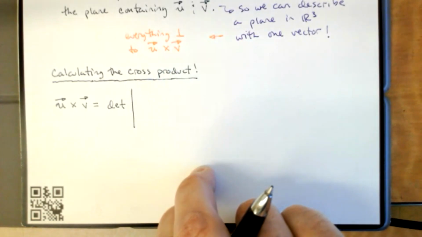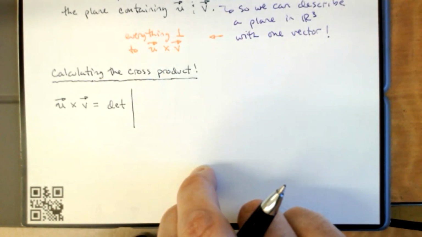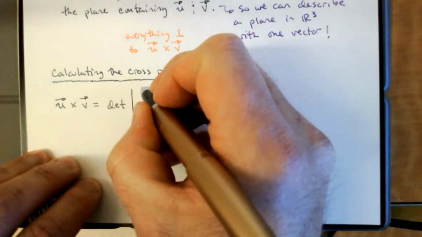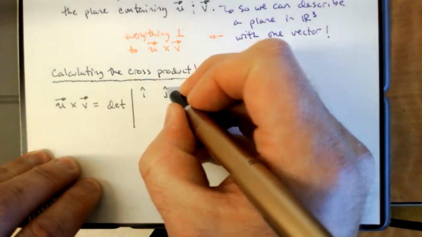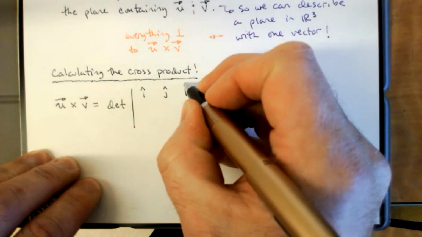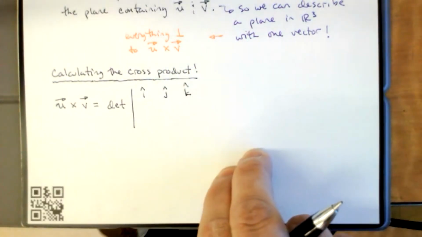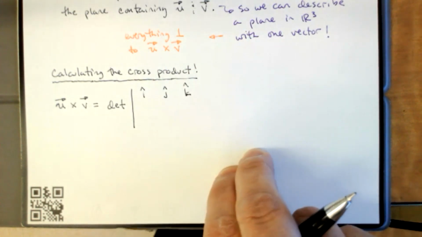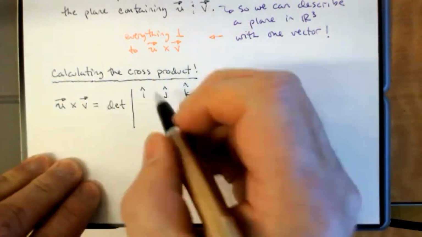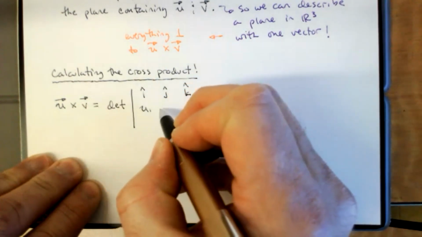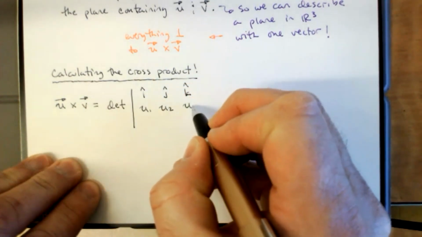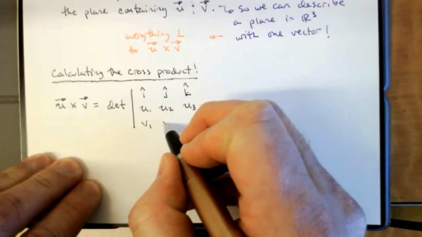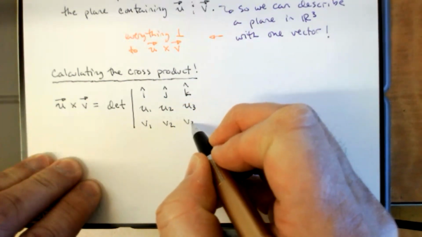Along the top row of this matrix, you put the vectors i, j, and k. The second row of this matrix will be the components of u, whichever one comes first. So u1, u2, u3. And the third row will be the last vector, v1, v2, and v3.